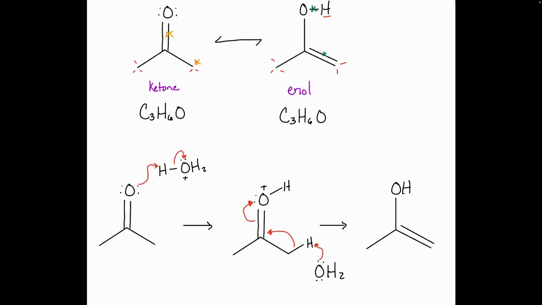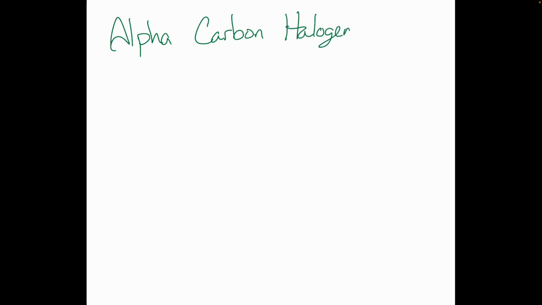Okay, so there are some reactions that take place under acidic conditions at our alpha carbon, and it's because of this enol intermediate here. And so the last reaction we're going to talk about today is this alpha carbon halogenation, and specifically under acidic conditions.